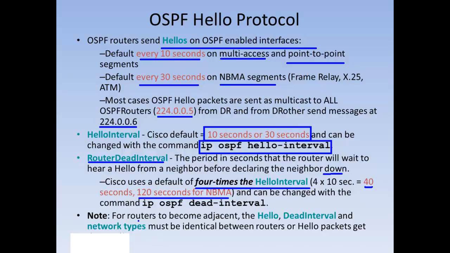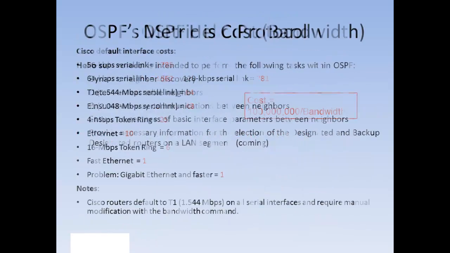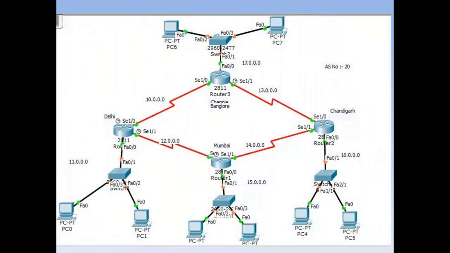So to become neighbors, these parameters must match. Hello timer, dead timer, and network type must be identical between the routers. Come back to this particular slide. Suppose on this router, this particular interface is connected to this particular interface of the other router.